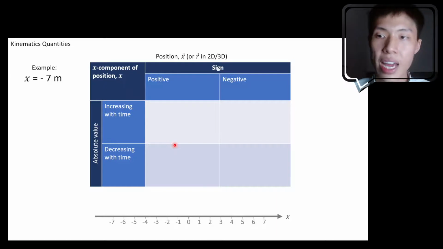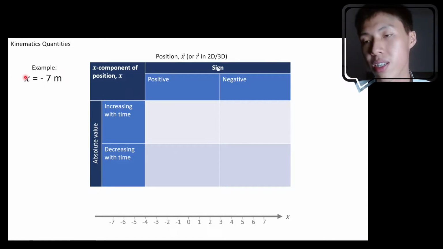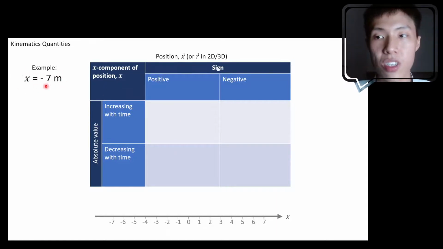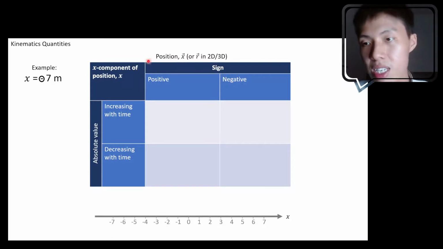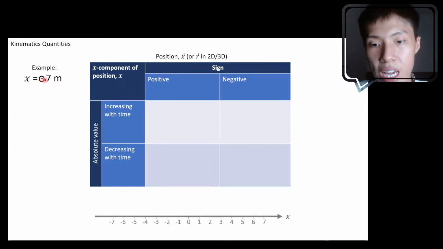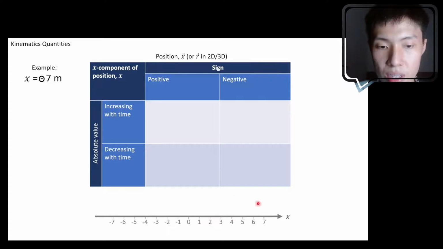So let's say today I have a certain position, components of the position. Okay, this is the x component of the position. Let's try to study what happens if the sign is positive, what happens if the sign is negative. Okay, so this is our sign over here in front. If our sign happens to be positive, it means that it is on this side, right?